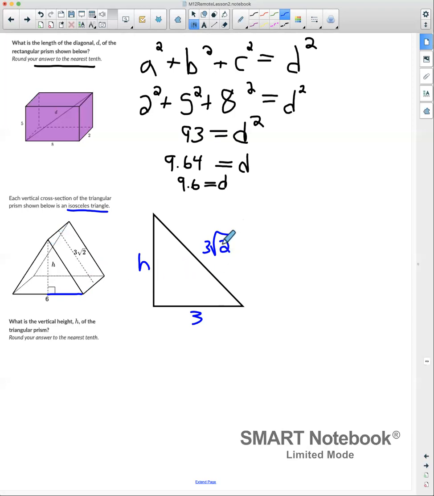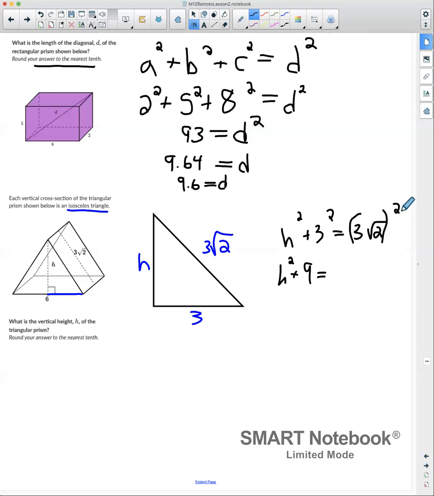All right, so let's figure out what the height would be. Using the Pythagorean theorem, h squared plus 3 squared is equal to 3 radical 2 squared. 3 squared is 9. Over here, with 3 radical 2 squared, everything gets squared.